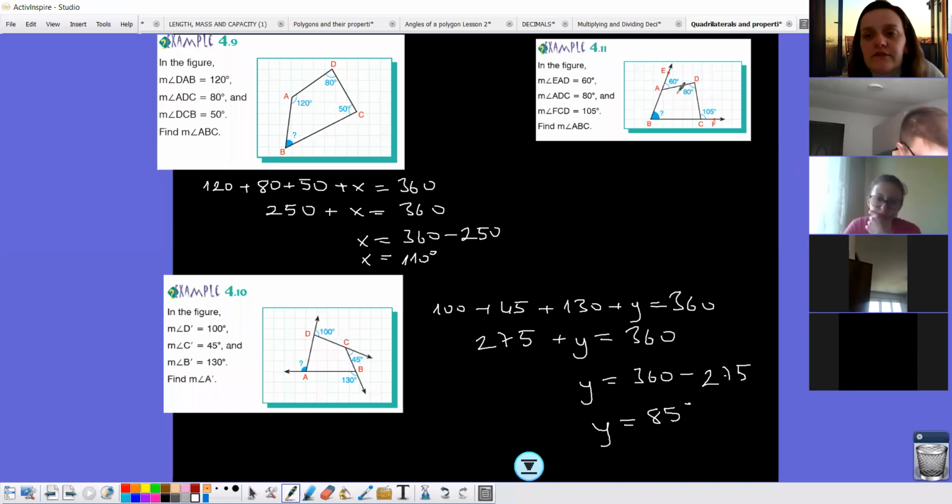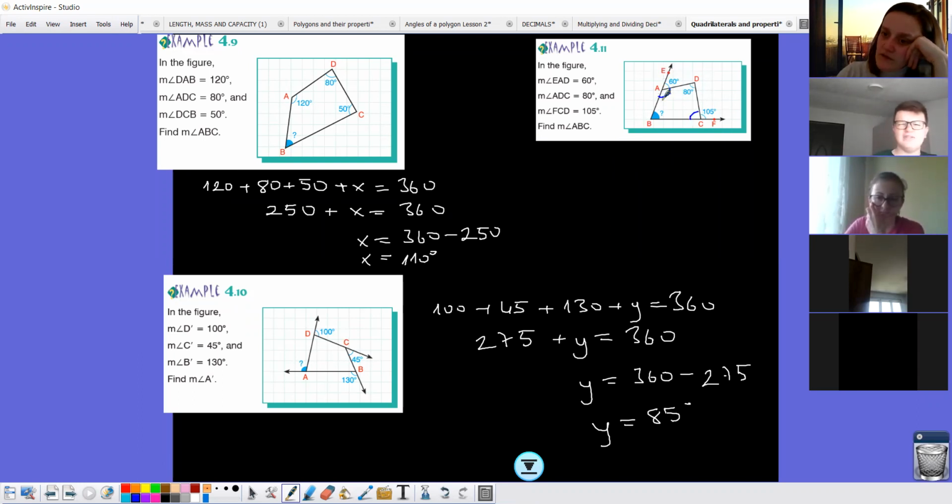In this one, an interior angle is given, 2 exterior angles are given, and 1 interior angle is asked. What will we do here? To find the other interior angles, and after that to find the asked one. So how will we find, for example, this one? It will be 180 minus 60, 120, because here we have a straight angle.